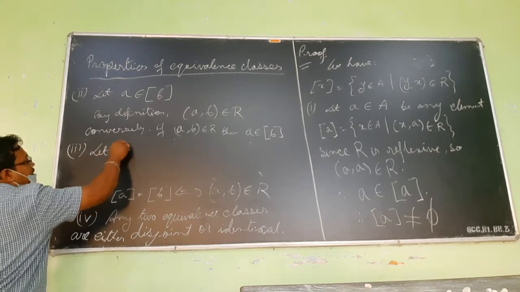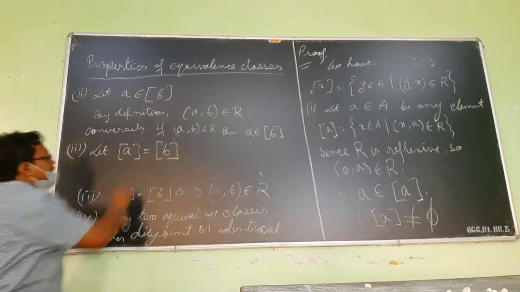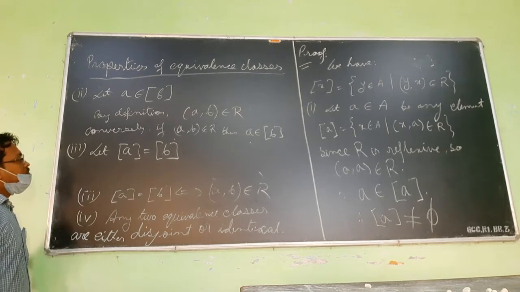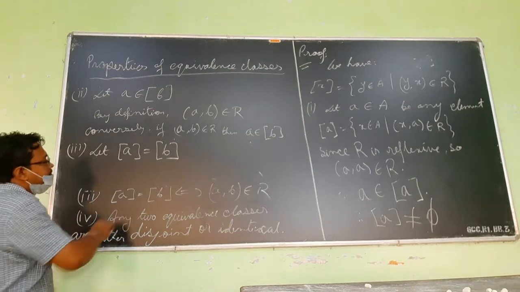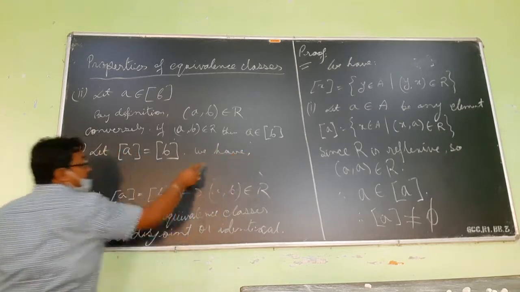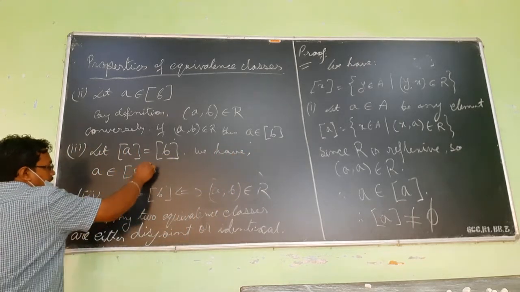So first, let class a equal class b. If the classes are equal, then a and b are related. So let class a equal class b. By the first result, a belongs to the equivalence class of a.